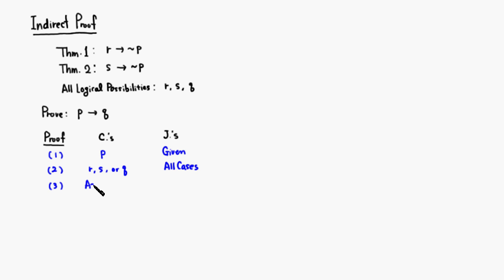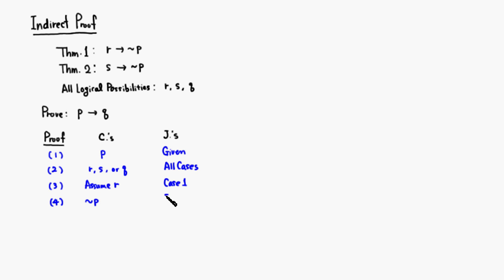Assume R, which is our case number 1. If R is true, by theorem 1, we know that not P must be true.